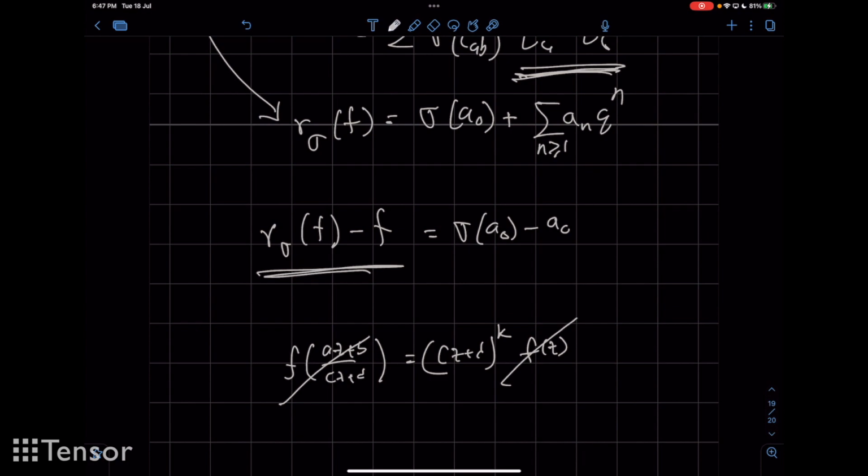So if the constant is non-zero, we can divide by it and get that (cz+d)^k is equal to 1 for every matrix in SL2(Z). That's not possible. So this constant must be 0.